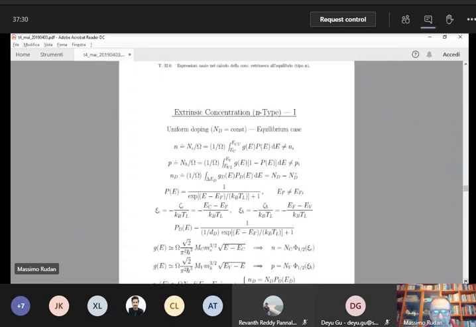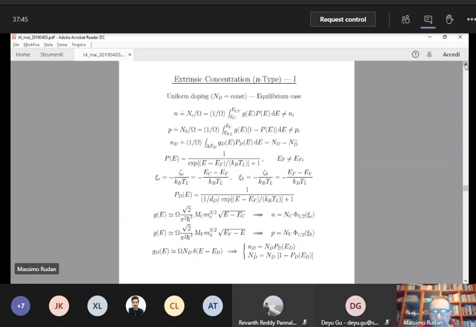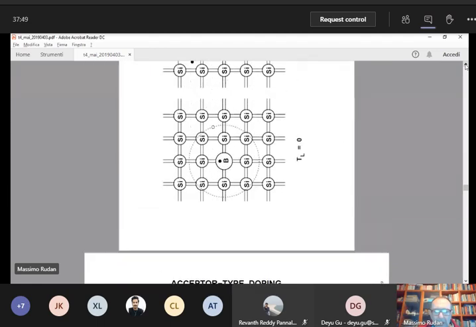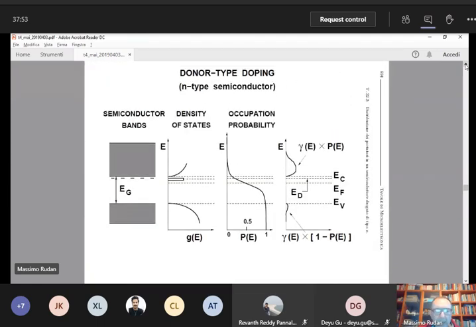Now the issue is we have to calculate again the concentrations, okay? But when you have a doped semiconductor, consider for instance first the case of the n-type semiconductor, okay?